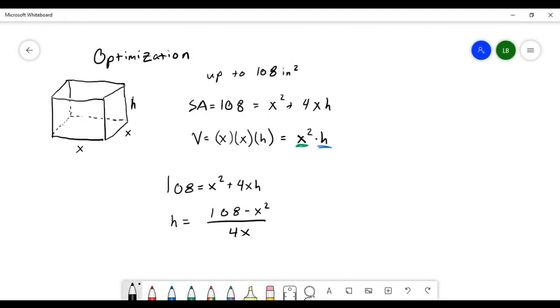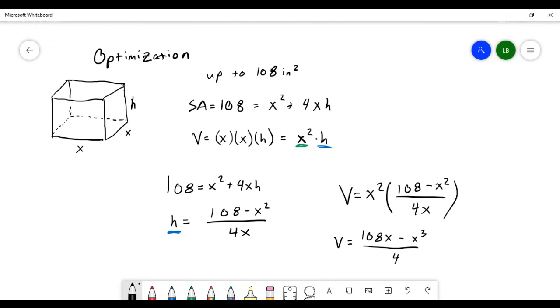So if we substitute this h here into our volume equation, we get that our volume is equal to x squared times 108 minus x squared divided by 4x. I will actually just keep it like this. This becomes 108x minus x cubed divided by 4 if we cancel out an x on top and bottom like this.